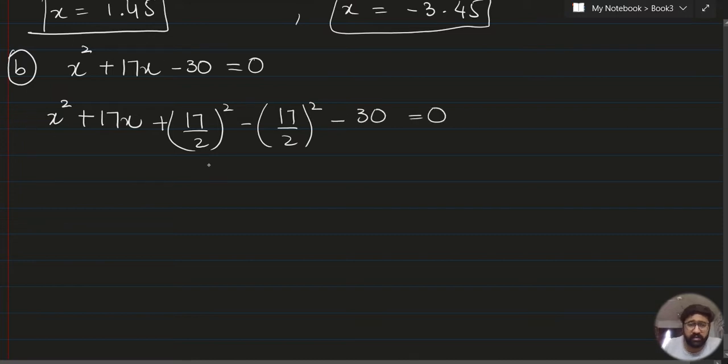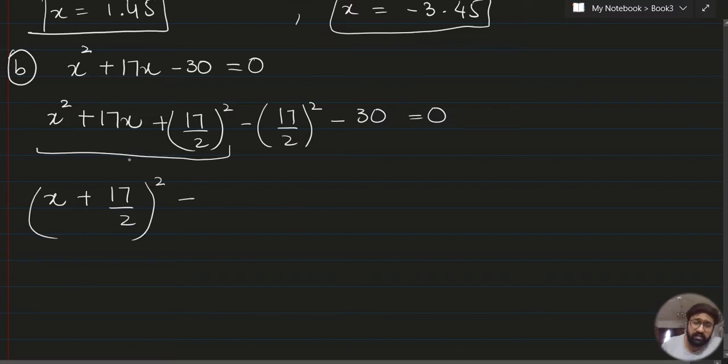So the first three terms are making an identity. So they are going to become x plus 17 over 2 whole square minus, the square of 17 is 289 over 4, minus 30 is equal to 0.